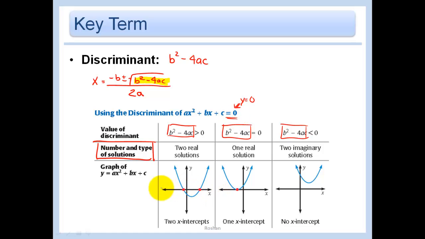That's basically saying, where does it hit this axis? Because this is when y equals 0, right? And so if I have the two real solutions case, it just means that it hits twice. If I have one real solution, it means it only hits once. And if I have no real solutions, two imaginary solutions, it just means that it never hits the axis.